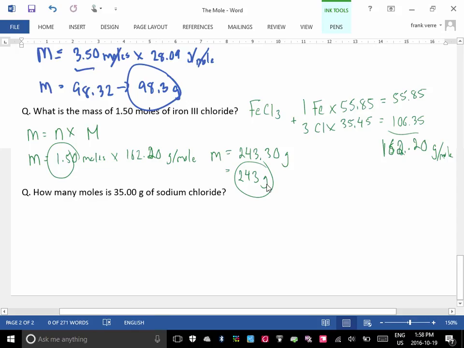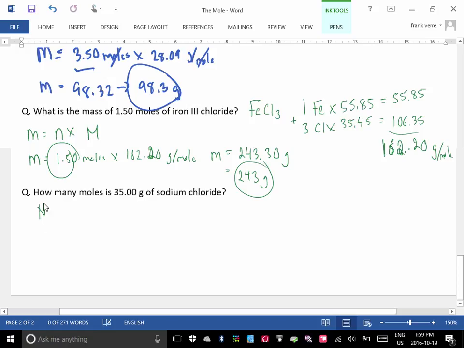Last question, ladies, and then we're done. After this, you'll have enough, hopefully, theoretical knowledge to solve all of the questions in chapter 5. So how many moles is 3.50 grams of sodium chloride? What's sodium chloride? NaCl.